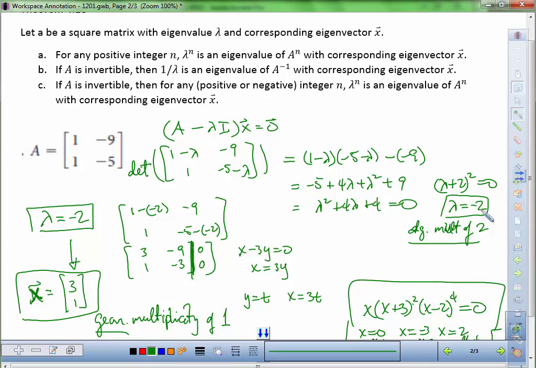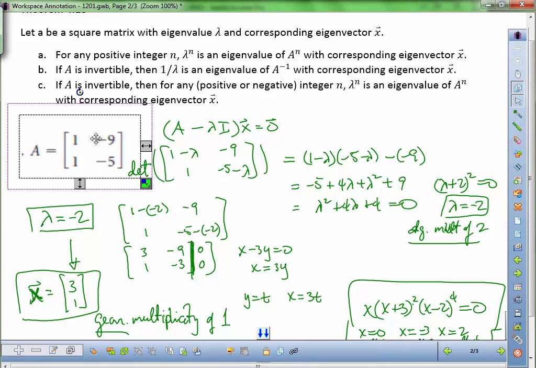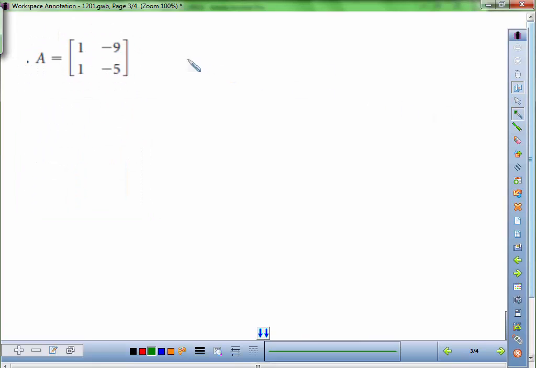Okay, so let's see if that actually is true. Let's take A. How high should we bring this power to? To the fourth power? I'm just going to use Mathematica to do it anyways.